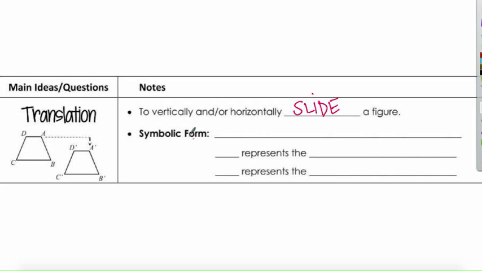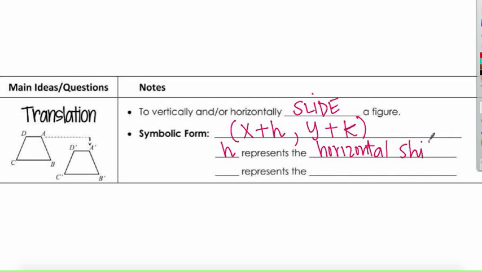In symbolic form, they're going to give us a way of writing the formula that tells us how to move the figure. We've got x plus h and y plus k. H represents the horizontal shift, meaning how it moves left or right, and k represents the vertical shift.